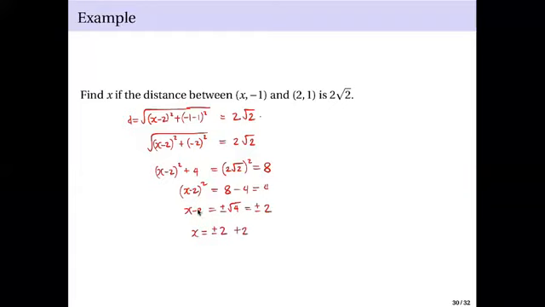The plus 2 came from this guy here. You move it to the other side. Which means two possible values for x again. x equals plus 2 plus 2, that's equal to 4. Or the other one, x equals minus 2 plus 2, that's equal to 0. So these are the values for x.